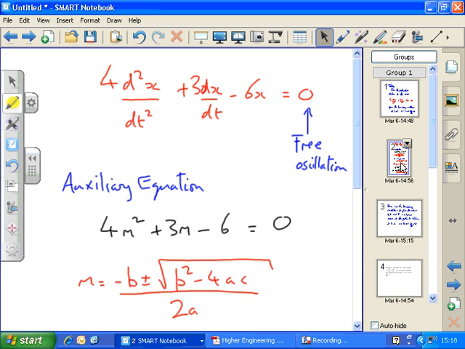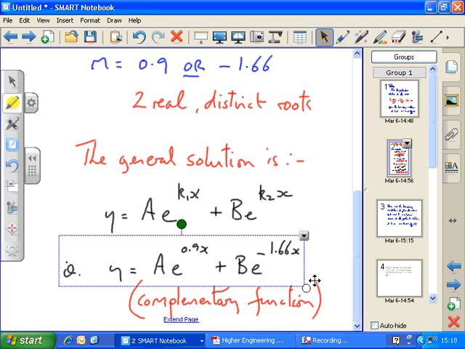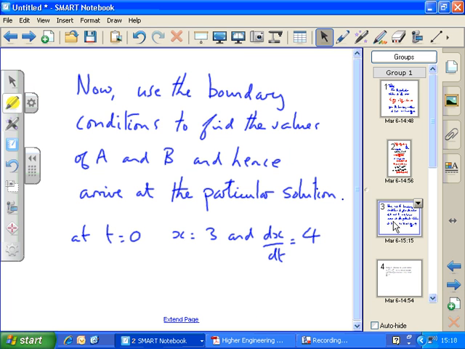So back to this general solution again, which is here. What we need to do now is put in our initial conditions.